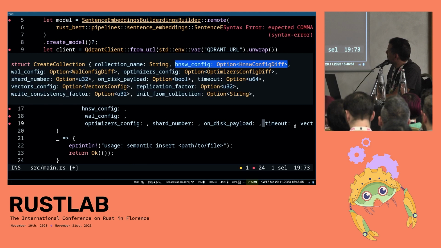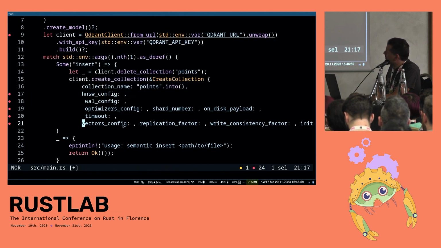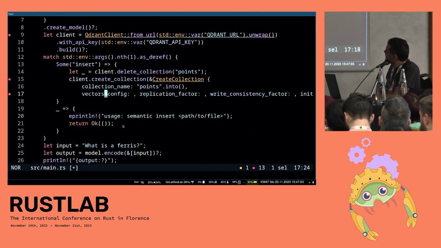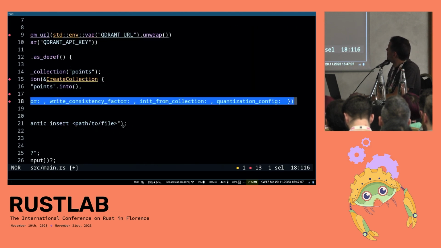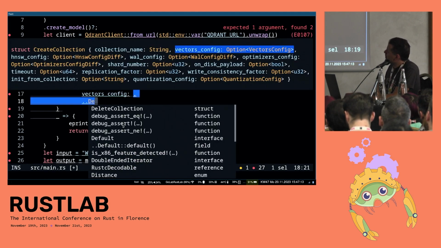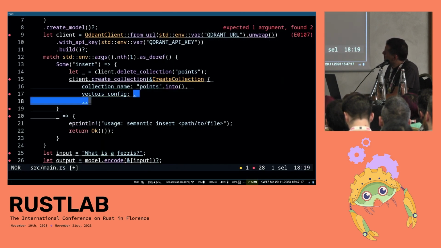There is one thing that we need to care for, and that's the vectors config. All the other stuff we can simply use default for. Oops.